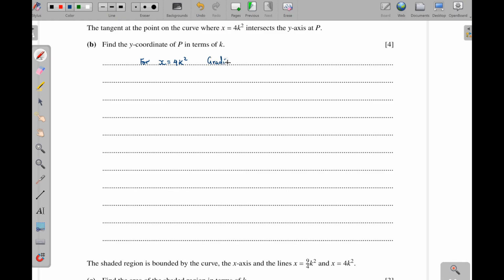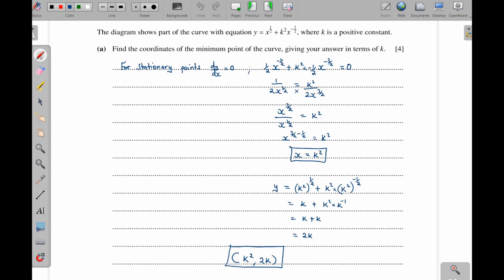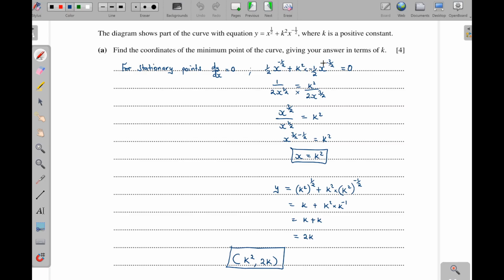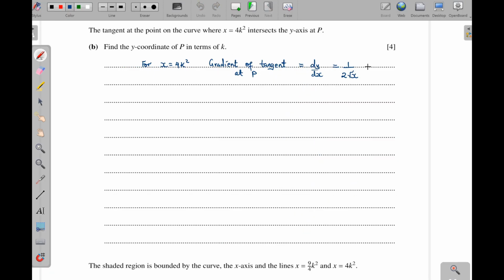As simple as that. Gradient of the tangent at P is going to be equal to dy dx, which is equal to, we go back and check here, dy dx is this one here, which I can write as 1 over 2 root of x, then minus k squared out of 2, then x power 3 over 2.